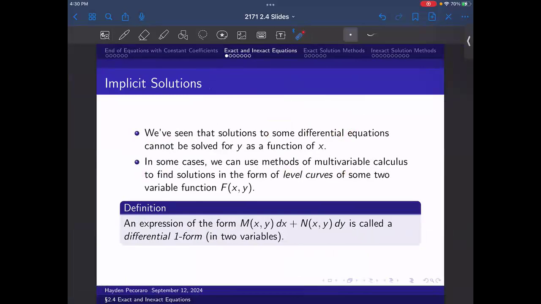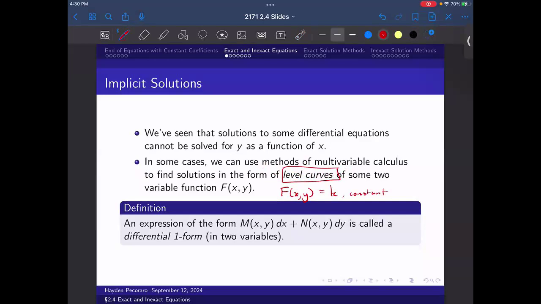But in a few cases, a class of differential equations, we can find solutions that are level curves of some two variable function. And what is a level curve? A level curve is where you have some two variable function and you say this is equal to some constant.